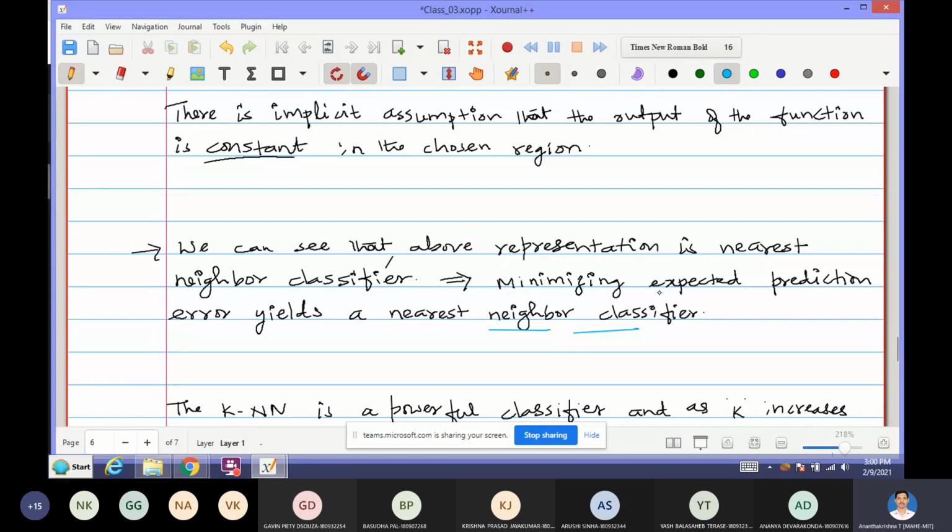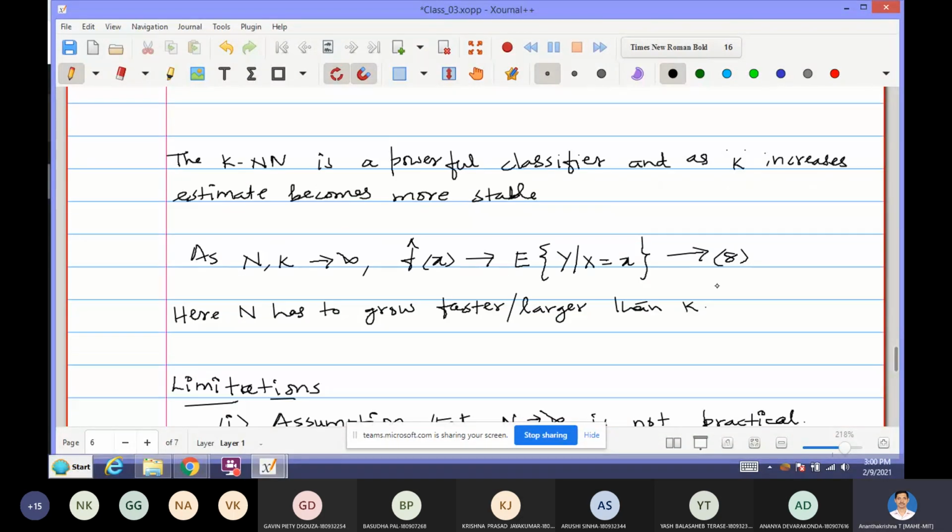Minimizing the expected prediction error yields a nearest neighbor classifier. In a way, we can make this statement anyway. Now KNN, of course, is a powerful classifier, and the estimate becomes more stable as k increases, as k tends to infinity.